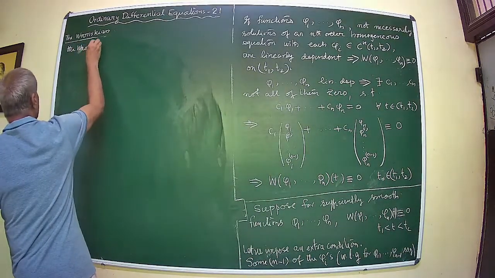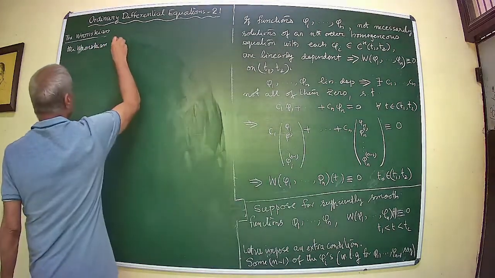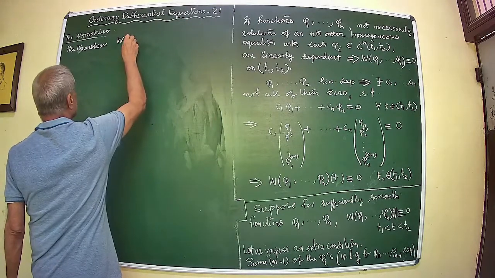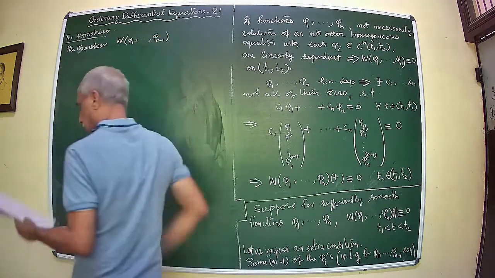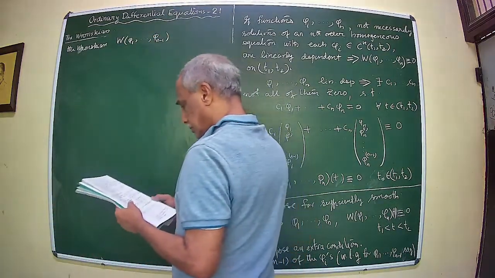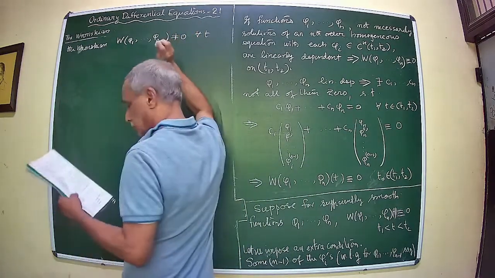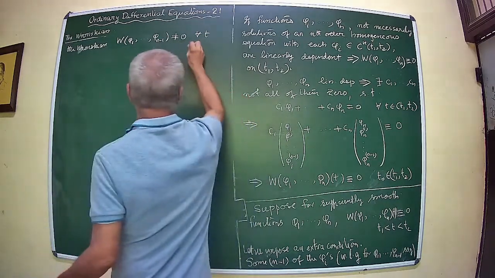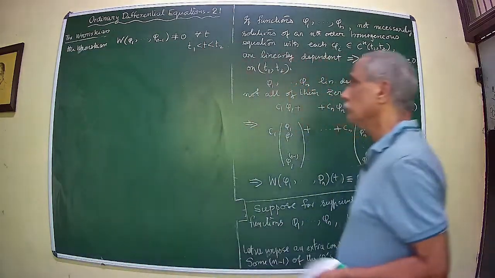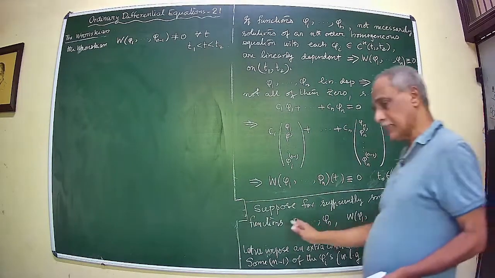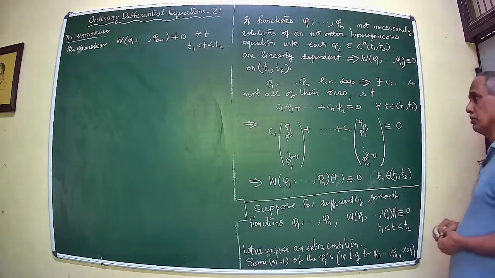This is an n minus 1 by n minus 1 determinant, that is, the Wronskian of phi 1, phi 2, etc., phi n minus 1 is not equal to 0 for every t. So there exists some n minus 1 of them for which the Wronskian is not equal to 0.